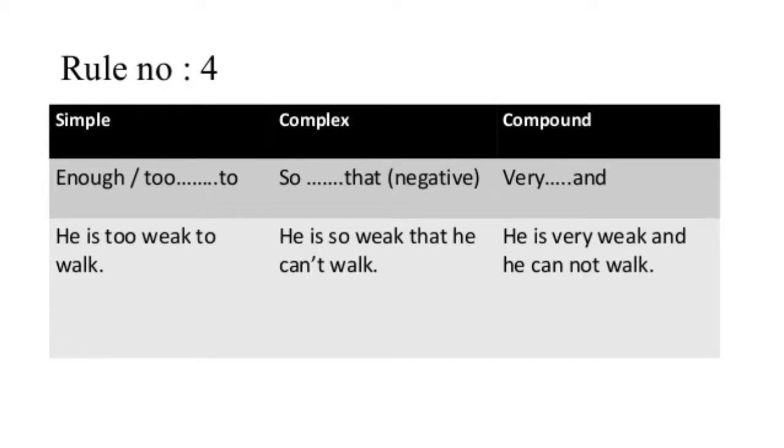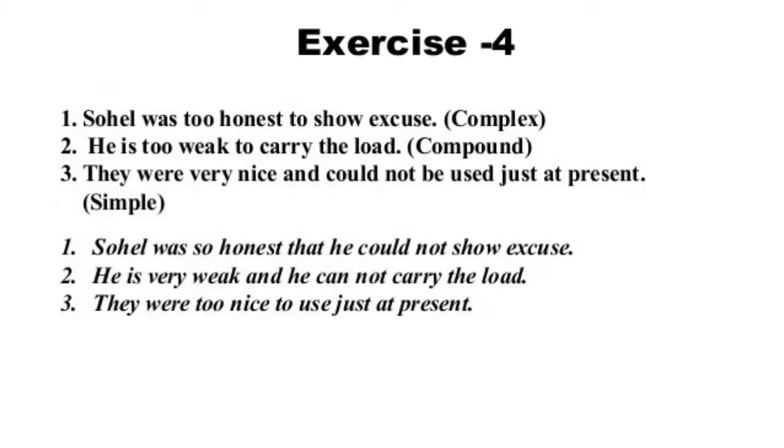Let's see the exercise and example sentences for rule 4. Children, look at the first sentence: Sohil was too honest to show excuse. What type of sentence is it? Yes, it is a simple sentence. You have to change into complex.